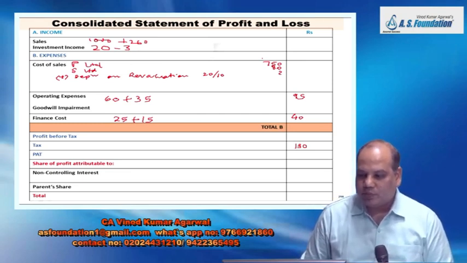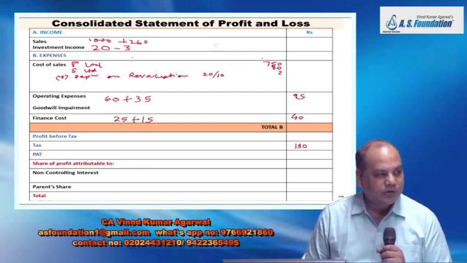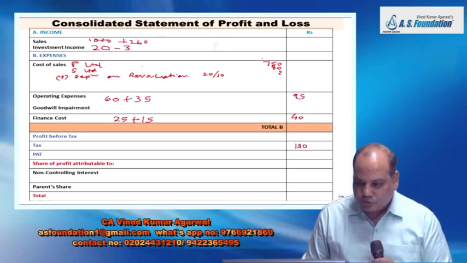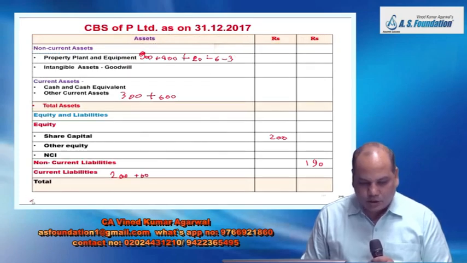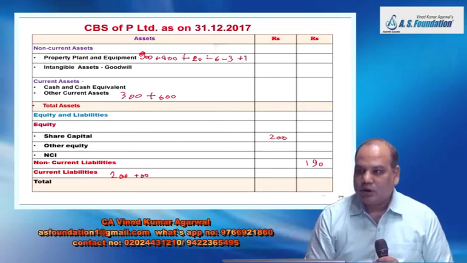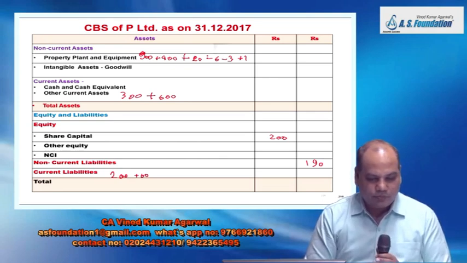Who has provided depreciation on this 3,000? Subsidiary. So we will reverse the depreciation. So you go to SOFP again, write down +1. What is this +1? Reversal of depreciation. 3,000 upon 3 years.